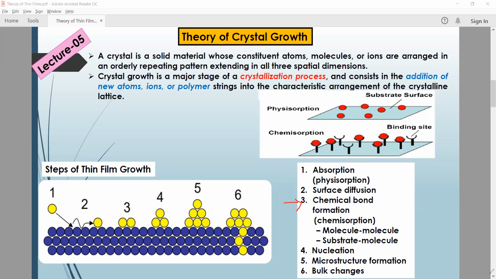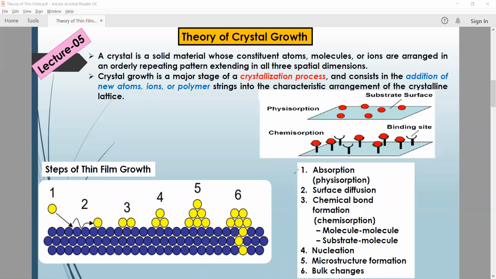Or if we use CO2 at 273 Kelvin, it means approximately 0 degree Celsius. So this is all about the chemical bond formation process. Getting my point? This is all about the process of thin film crystal growth.